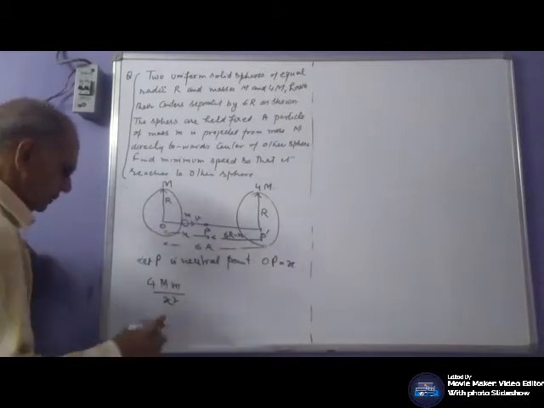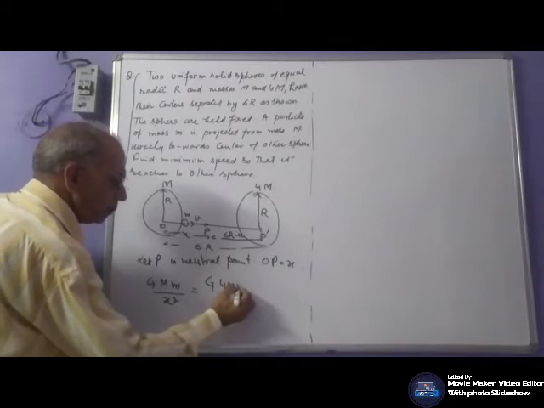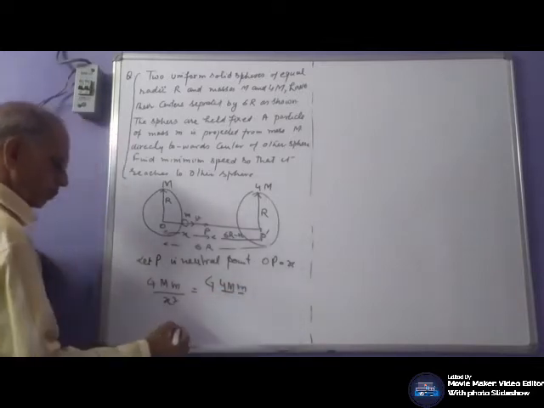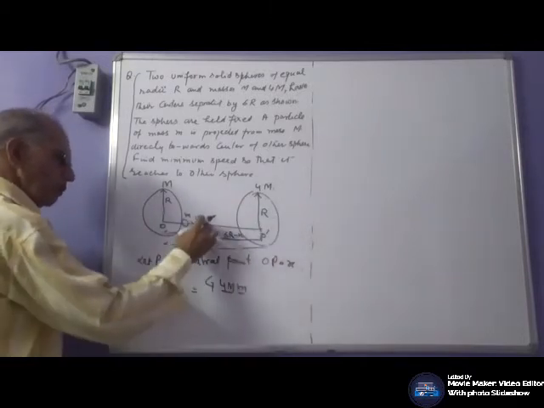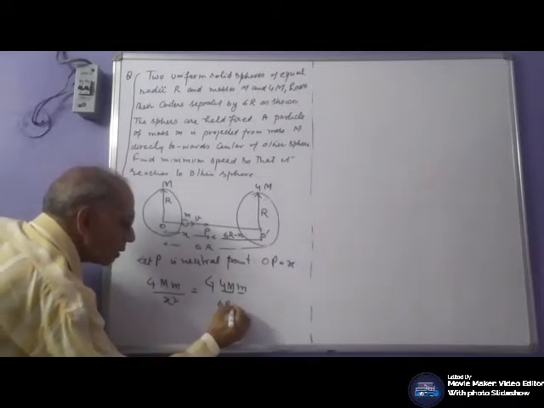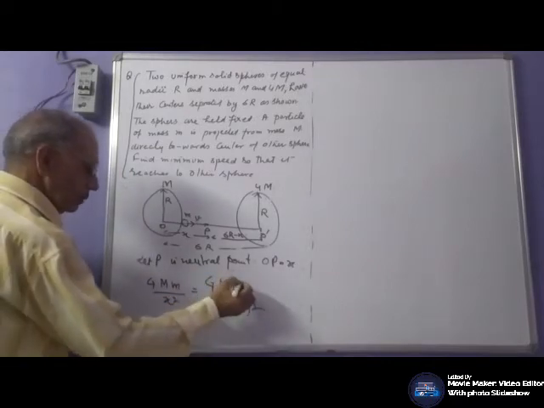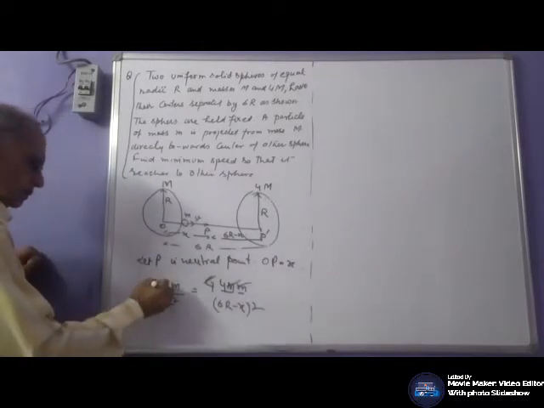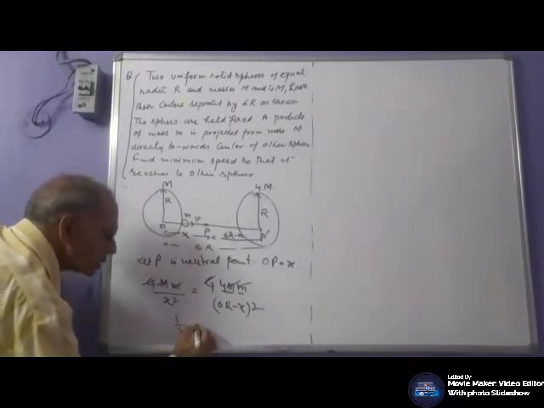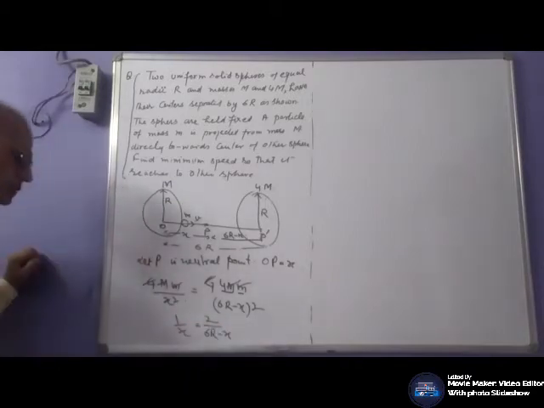Between this and this, the force is G 4m M by 6r minus x whole square. Take the square root: 1 by x equals 2 by 6r minus x.